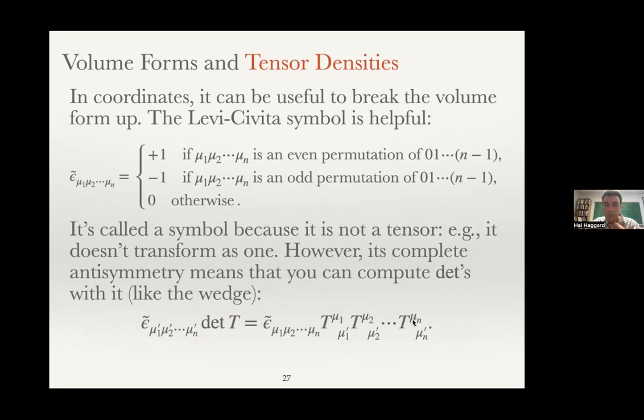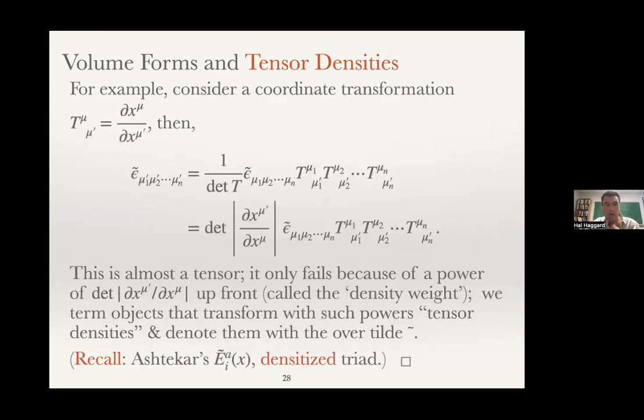So it almost is a tensor. You see the way in which it's failing to be a tensor? The right-hand side looks like a tensorial transformation. And the only thing that's failing to make it a tensor is this determinant factor. So let's bring that determinant factor over to the other side and think about it as a coordinate transformation.